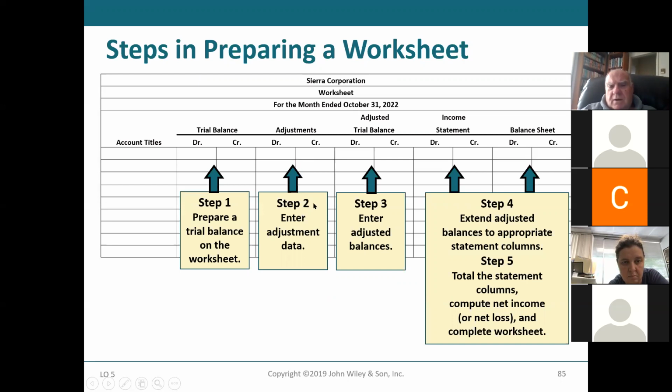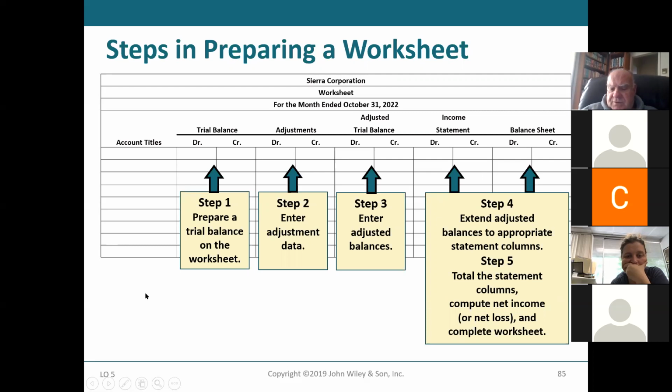So then we're able to come up with the correct trial balance. In other words, we take the trial balance number on the worksheet, and add or subtract the adjusting number to get to the adjusted trial balance. At that point, we're able to prepare the income statement and the balance sheet.